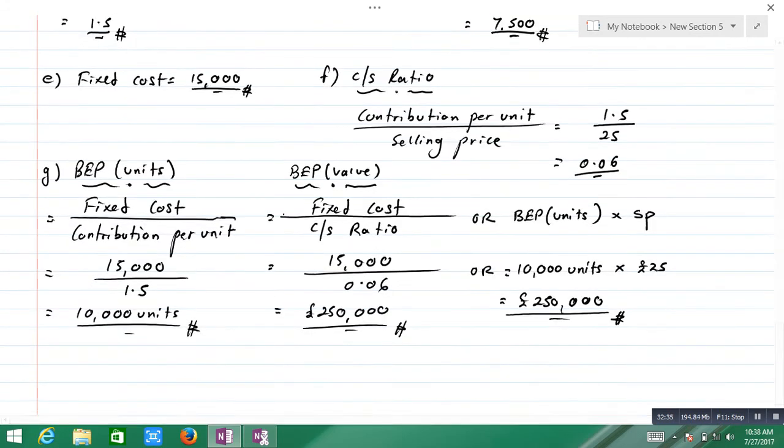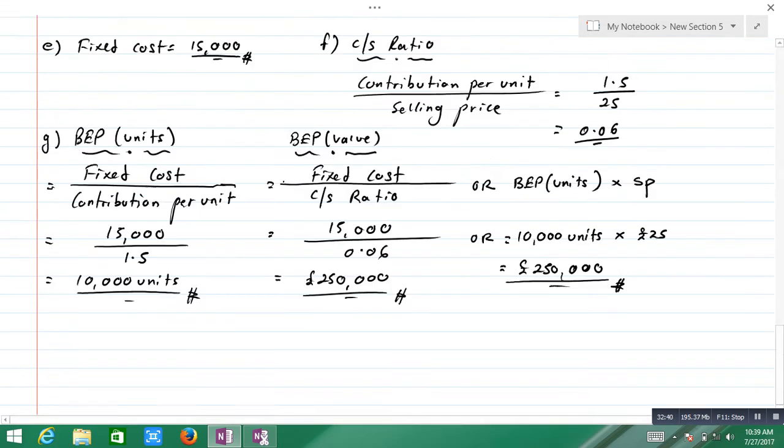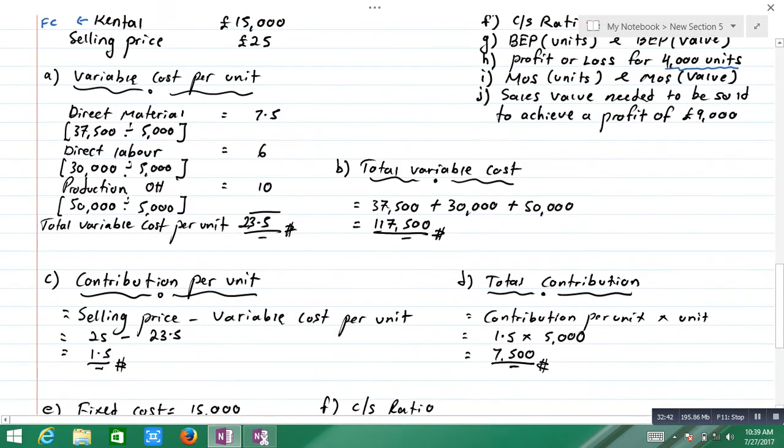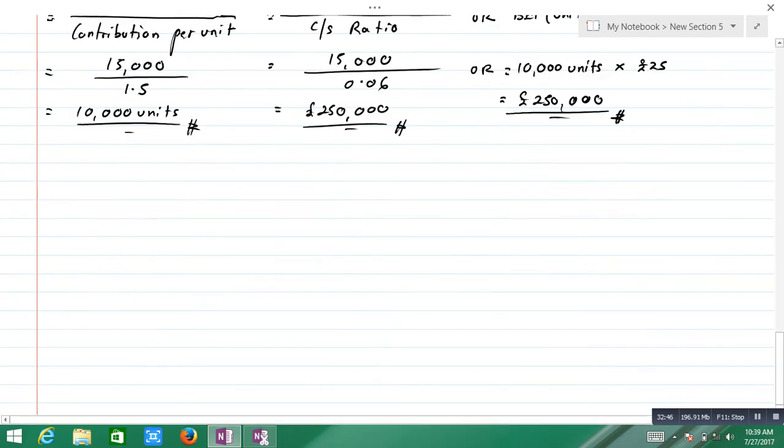So what formula that we can use is targeted sales units formula, which is fixed cost plus profit divided with the contribution per unit, where this 4,000 units comes here as the answer.